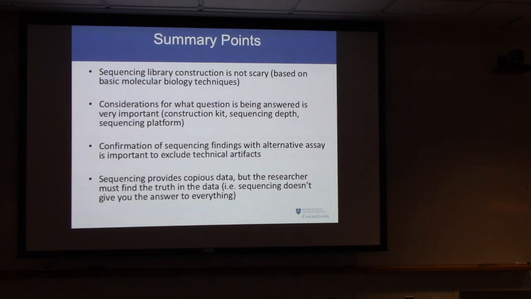So the one thing I tell people is sequencing provides you all this data. As many people in my lab understand, because they've been working with me, it gives you all the answers to everything. And all we can do in computational biology is give you statistics.